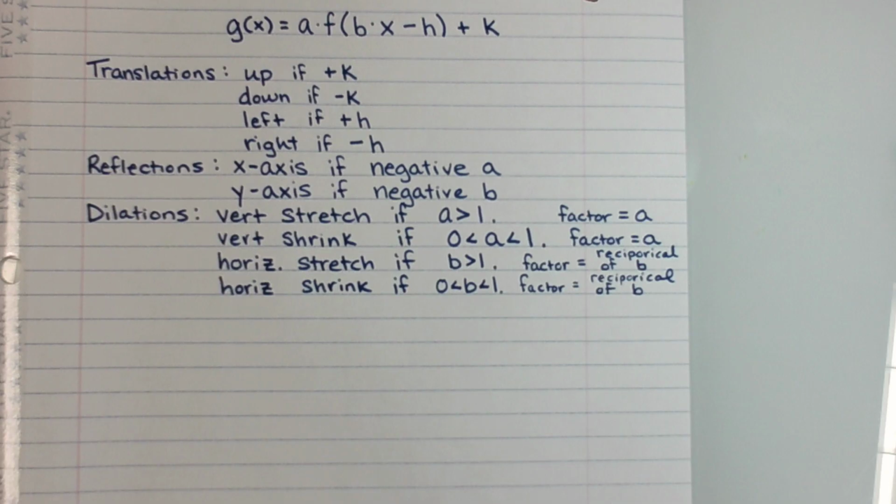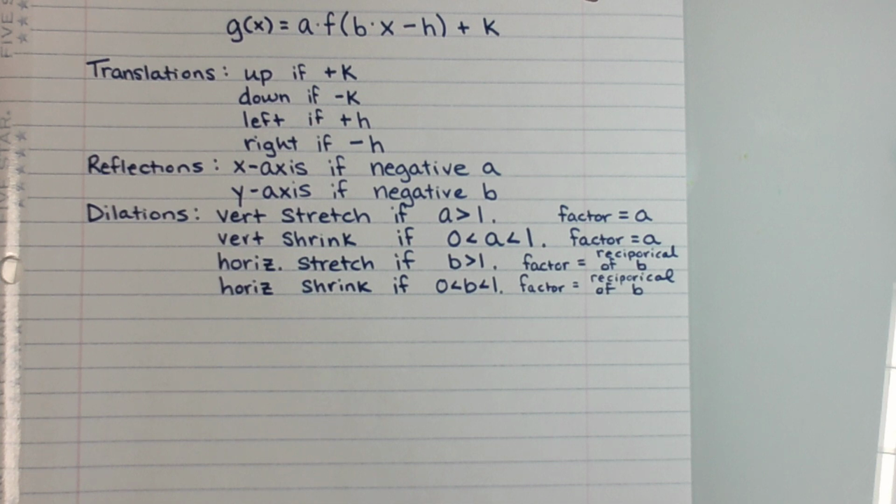A graph looking like this could be a vertical stretch, or it could be a horizontal shrink. That's where the reciprocal has to come into play: it tells you you're multiplying by this number and this is how it's messing with it.